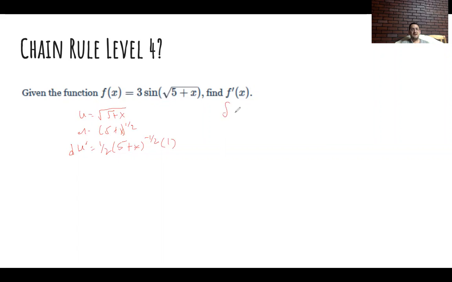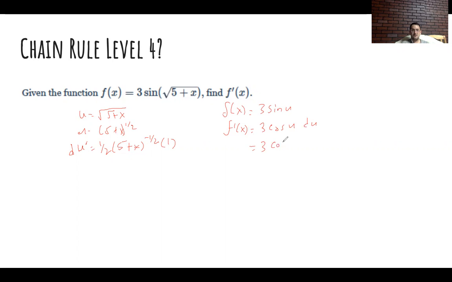So my f of x is just going to be 3 sine of u. And then my f prime of x will be 3 cosine of u du. I substitute in what I need.